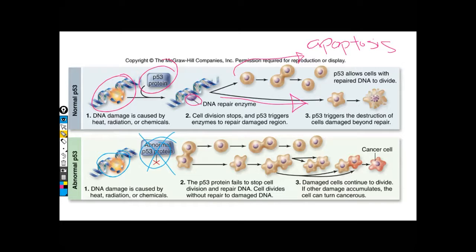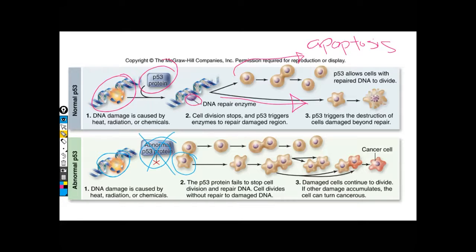So I still went out in the sun, right, ruined my DNA and some cells. So I don't have anyone to check those cells. So they are living their best cell life. And that's a huge problem.